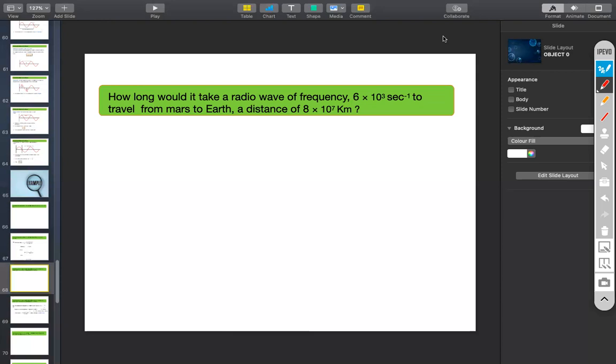In 100, let me see your answer is right or wrong. 144, 144 by 100 into 60. 44 by 100, 0.44 into 60. 6 fours are 24, 24, 26. Correct answer, Vishnu.